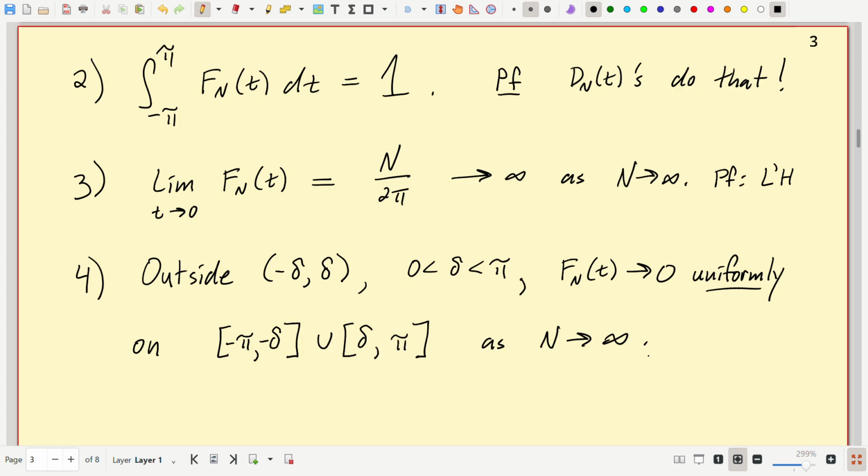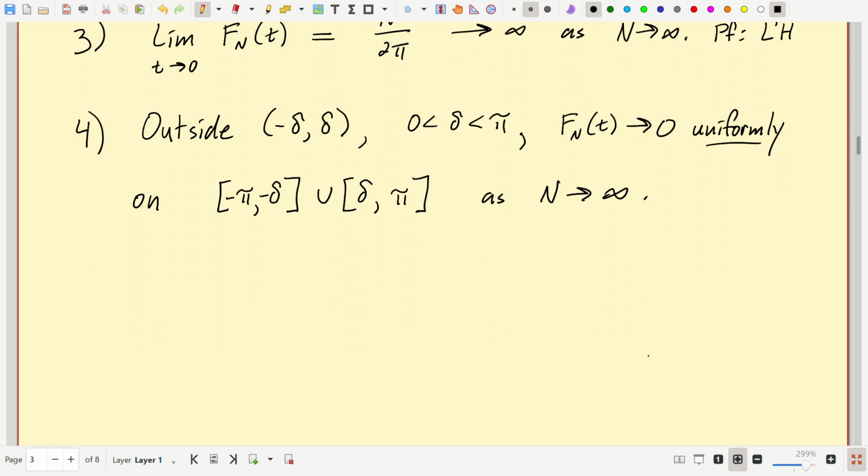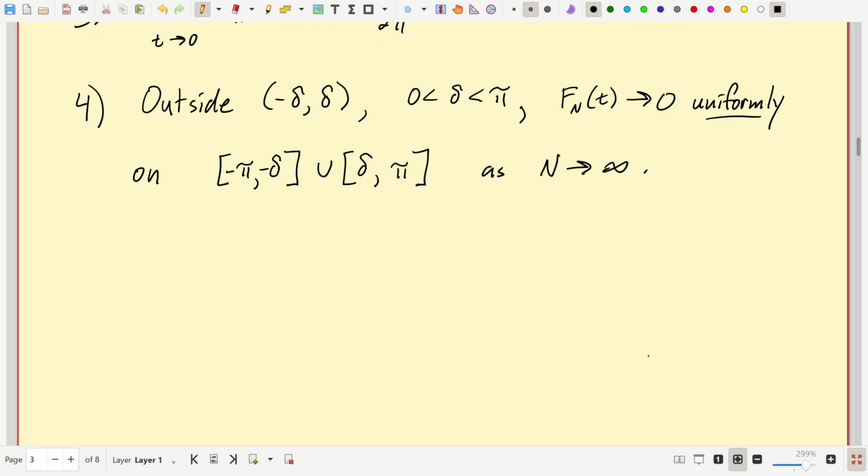Okay, I've been telling you the proofs as I go along, so I don't have to prove the previous 3, but number 4, I'm going to have to show you. So let's see. The only problem when you think about number 4 is that that sine squared t over 2 is 0 at the origin. So if you think about it, what does the graph of sine t over 2 look like? Here's minus pi, here's plus pi.